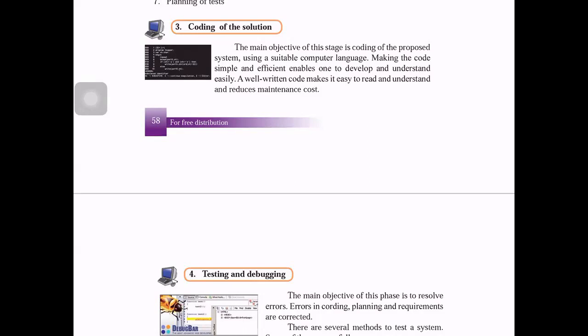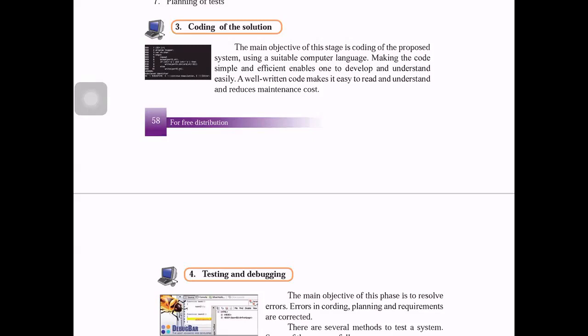So when you are coding the solution, you are developing the system using the computer language, and you are developing a database with the help of a database management system. And there will be software where the database is not an essential thing.